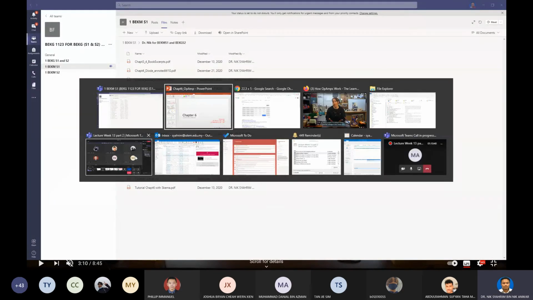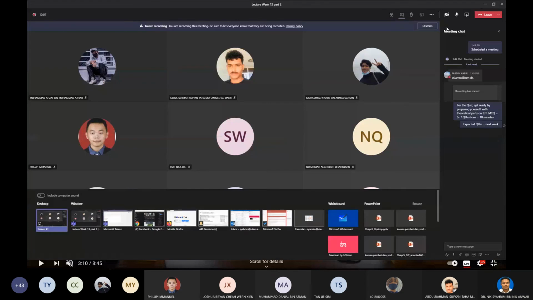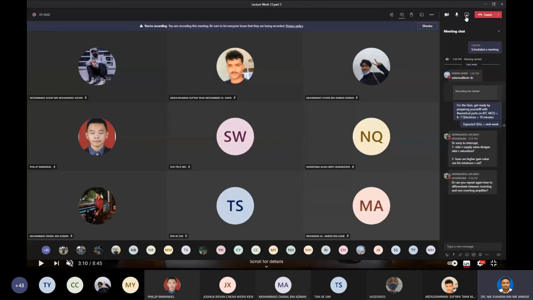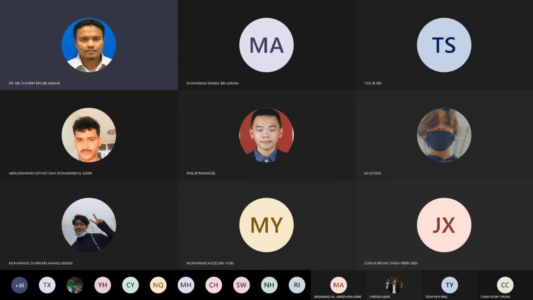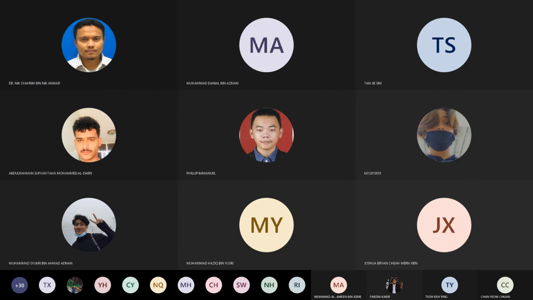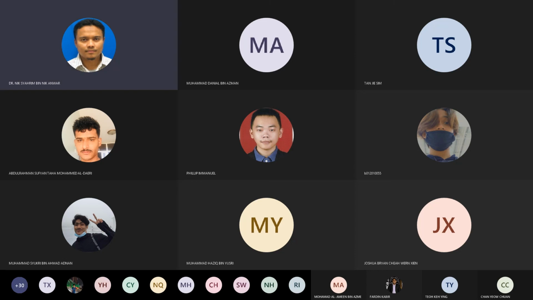So where is the original window? Stop sharing. Somebody asked actually. So Nazatul asked a question just now.